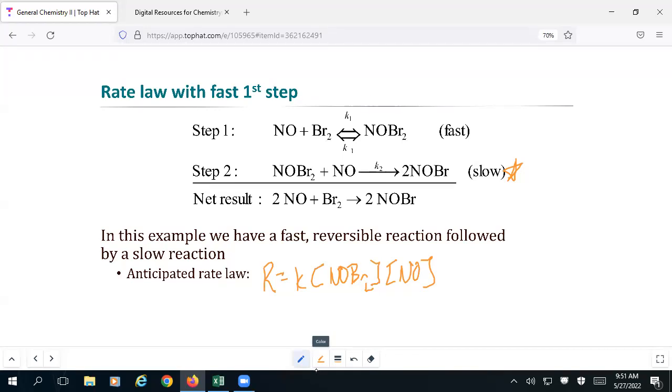Remember, these concentrations that we use are initial concentrations when we're figuring out these rate laws. I don't know the initial concentration of that intermediate. I don't even know the concentration of the intermediate as it's forming. I have no real way of measuring it accurately, especially since it's fast. So what do we do? Well, this is where algebra is going to kick in for us.